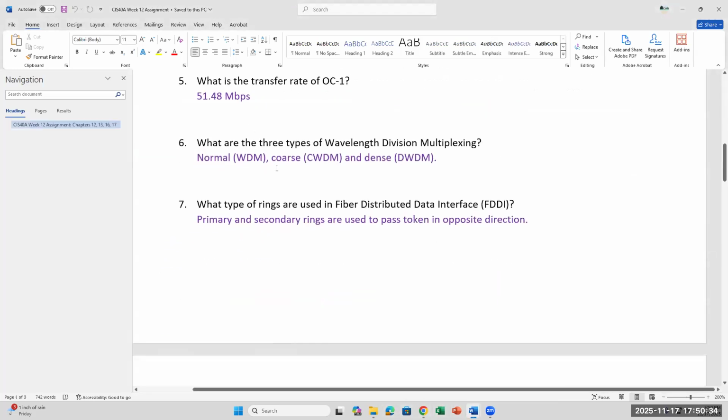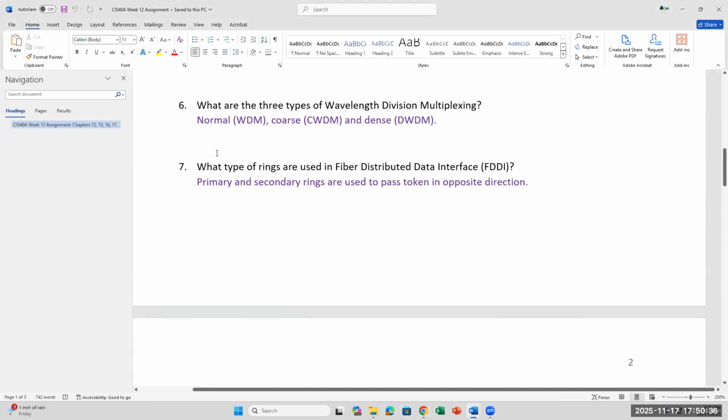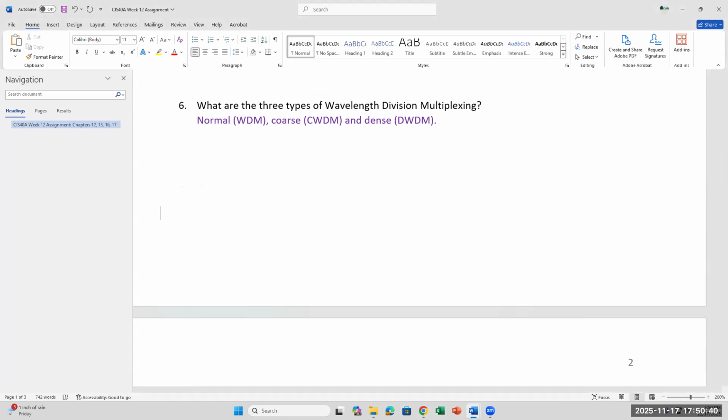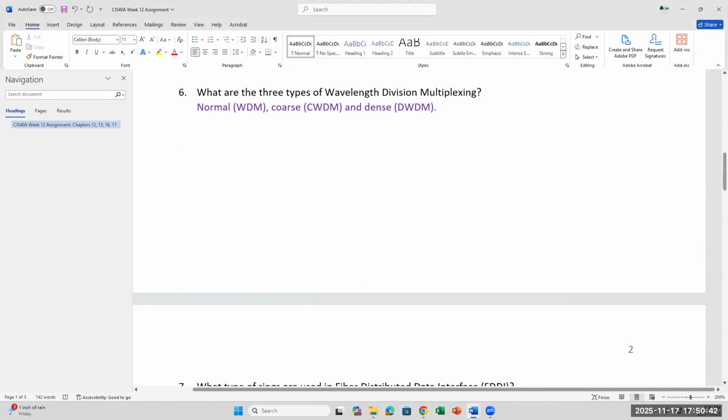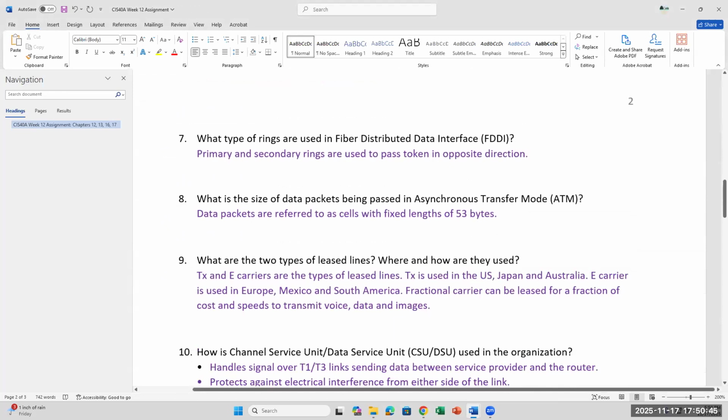Okay, let's go through and answer the next few questions. So let me move 7 down. We got 6, right? Okay. So for number 8, it says, what is the size of data packets being passed in ATM or asynchronous transfer mode? Your data packets are referred to as cells, and they are fixed length.